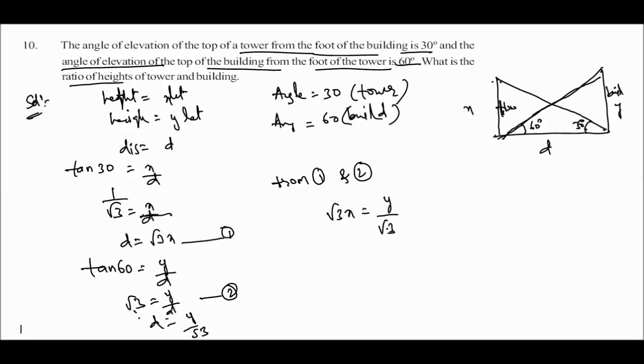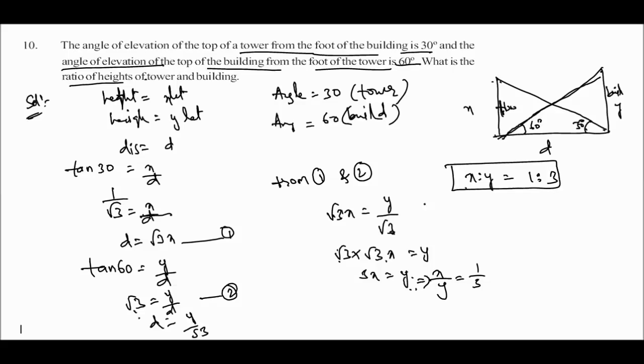So root 3 into root 3 x is equal to y. It will become 3x is equal to y. So x by y is equal to 1 by 3. So the ratio of the heights of the tower and the building is x is to y is equal to 1 is to 3. This is the answer for this question.